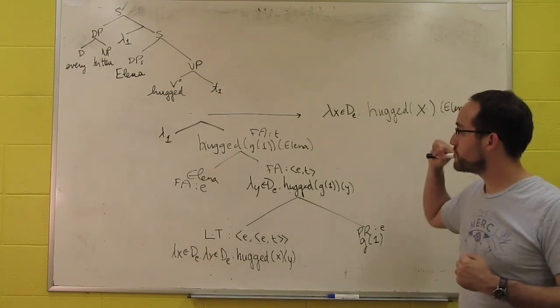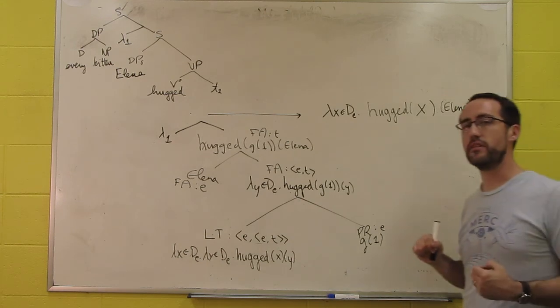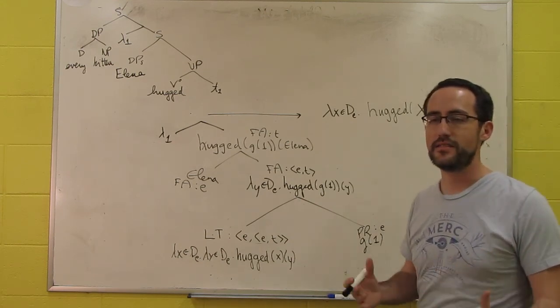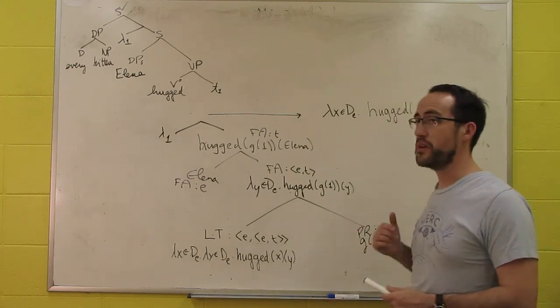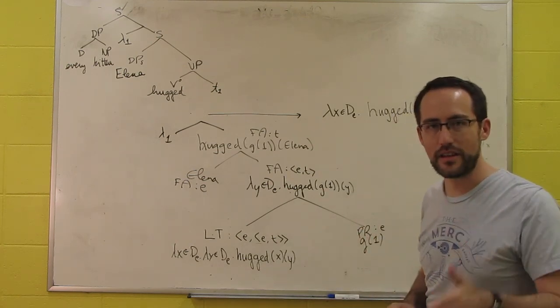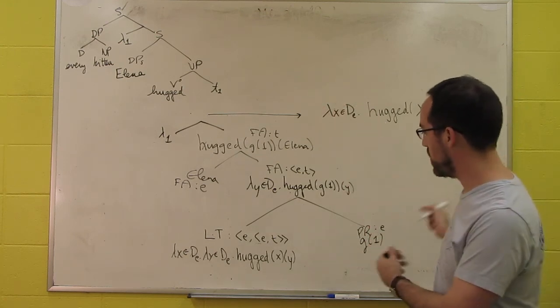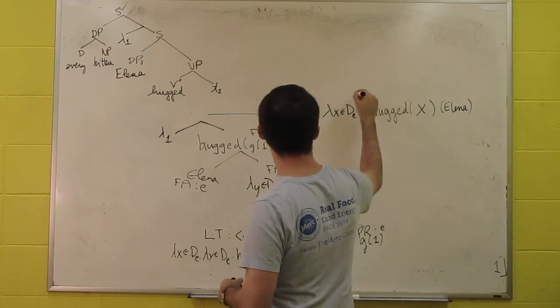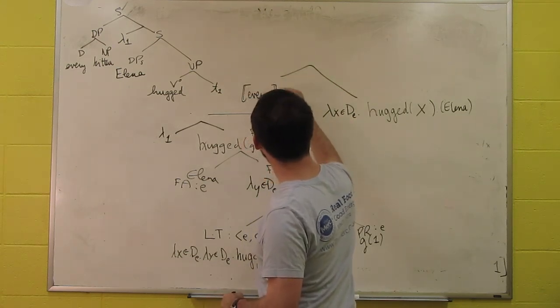Now, we can plug that property into every kitten. Right? Every kitten is the set of properties that every kitten has. So what we're going to say is that the property of being hugged by Elena is a property that every kitten has. We plug that into every kitten, which we had before, and so we'll write it like this.